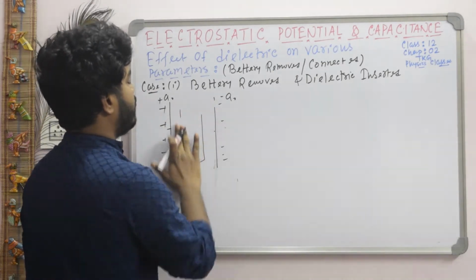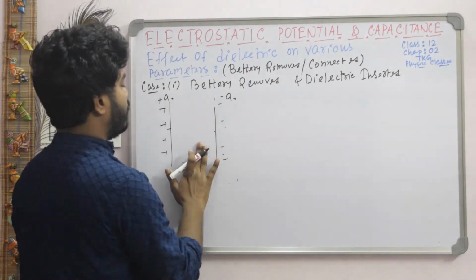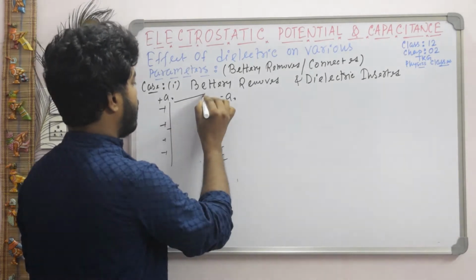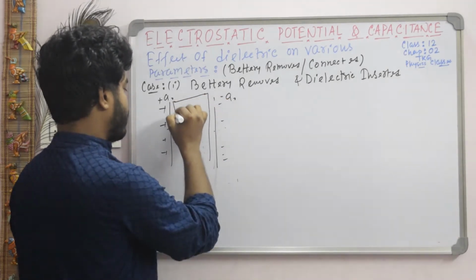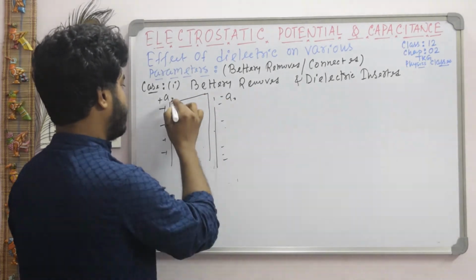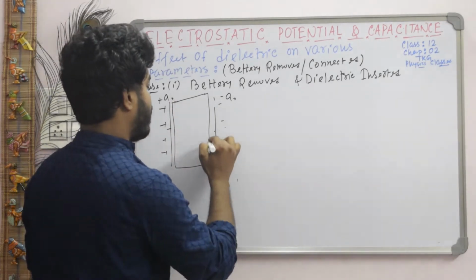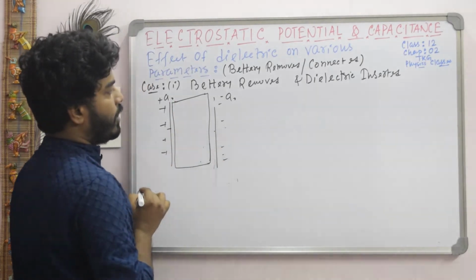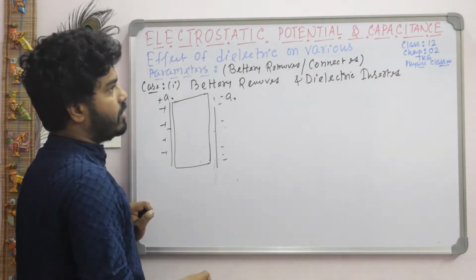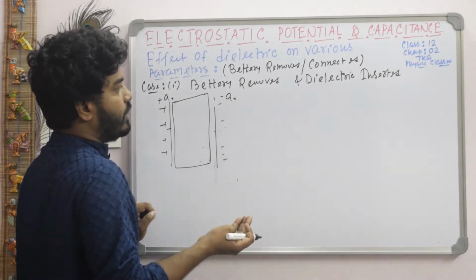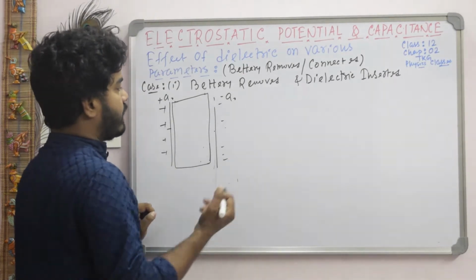Write it down, the dielectric slab is placed in the total separation, that is D. Now the question is, you have to find out the changes: charge, potential, electric field, electric potential energy, etc.